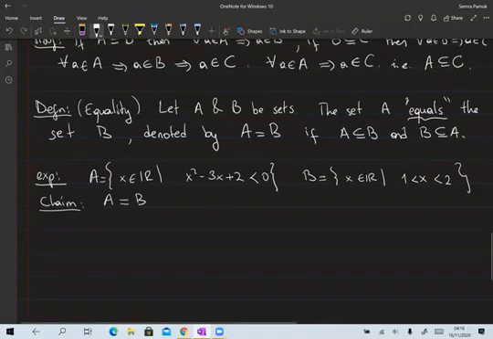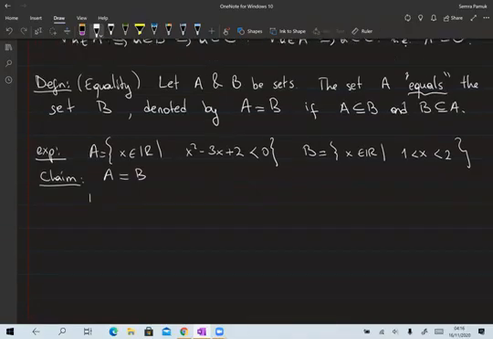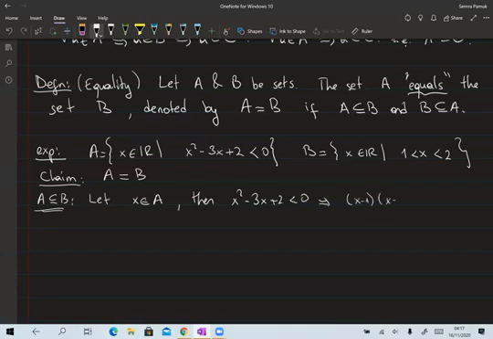Here we should start with an element in A, to show A is inside B. Then we have x squared minus 3x plus 2 is less than 0, which gives, if you like, (x minus 1) times (x minus 2) less than 0.